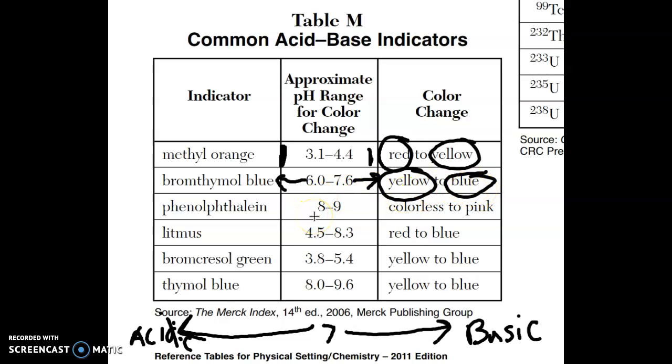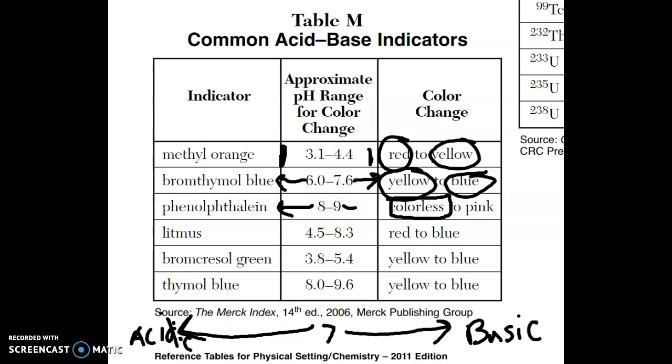For phenolphthalein, this is the indicator that we use for the titration of my unknown acid. It was colorless before a pH of 8, and then as soon as it started turning pink, that was when it was between 8 and 9.